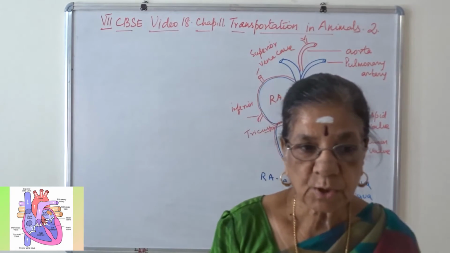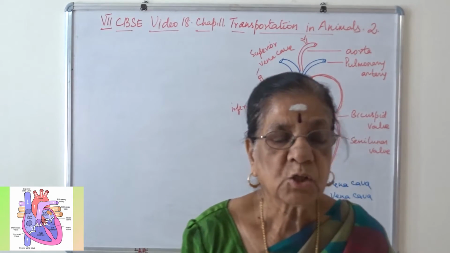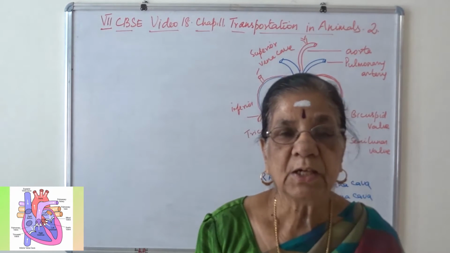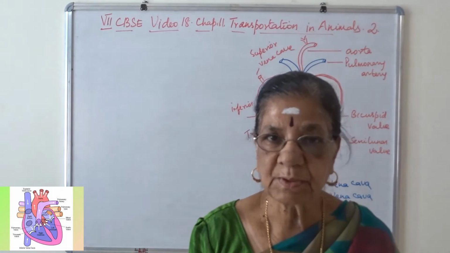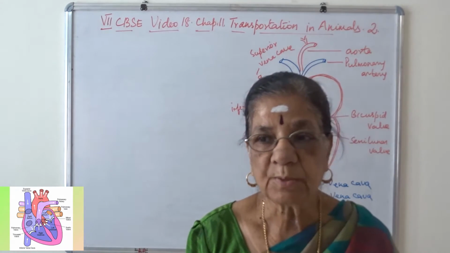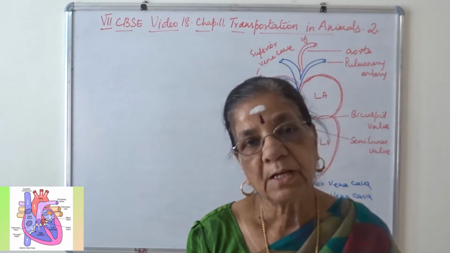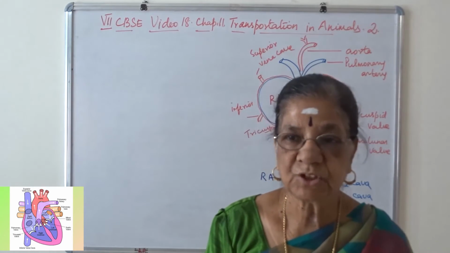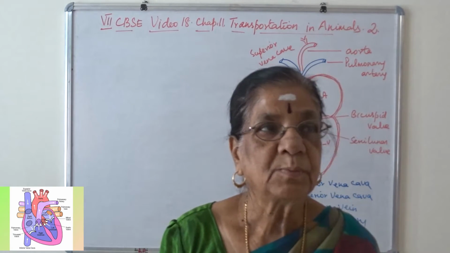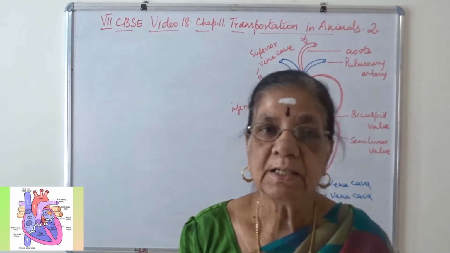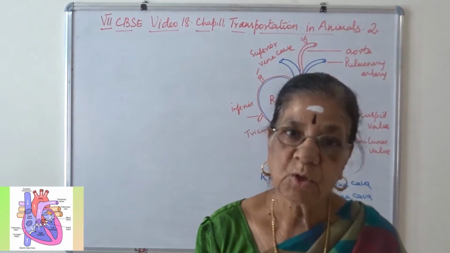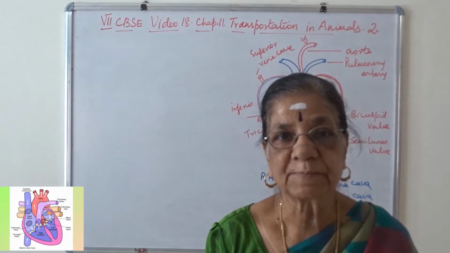It is formed of a fluid portion, blood plasma, and solid corpuscles: RBC, WBC, and blood platelets. RBC is also known as erythrocytes, WBC as leukocytes, and platelets as thrombocytes. I hope you remember that.